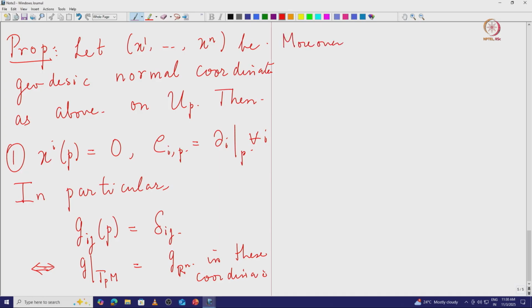So moreover, this also means that if you take a tangent vector at P, then its norm squared is just given by the Euclidean norm squared.